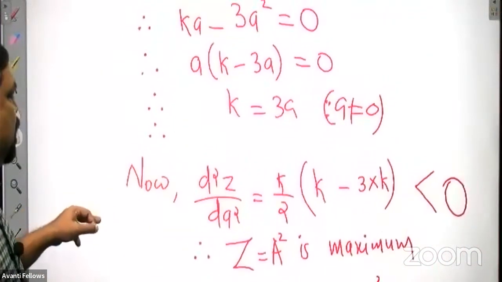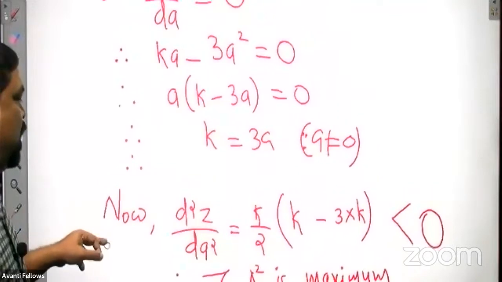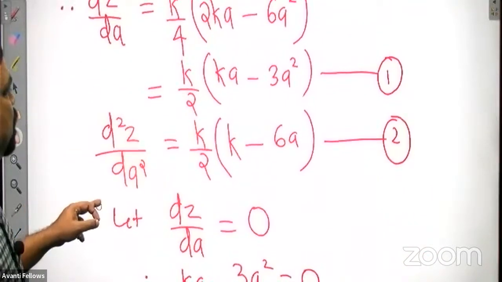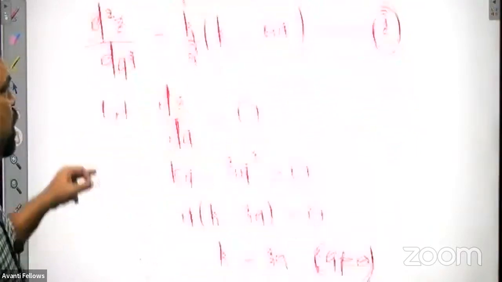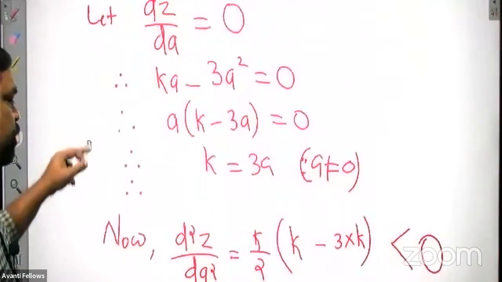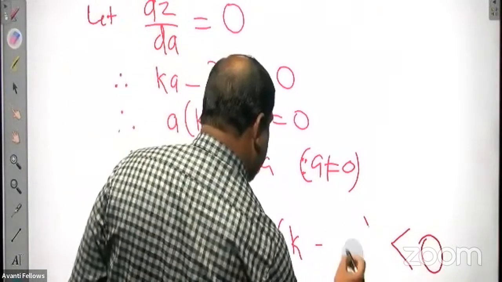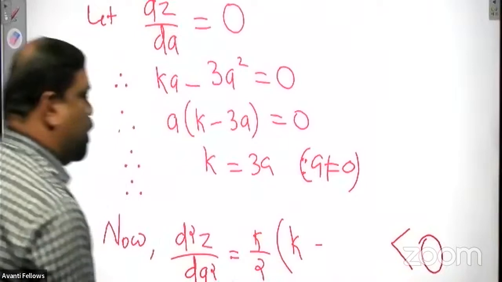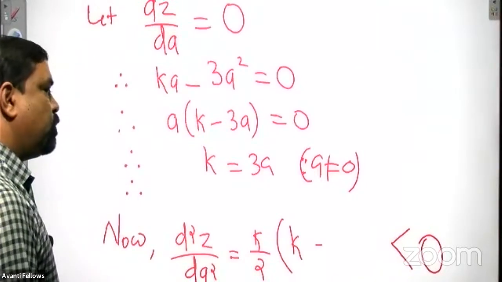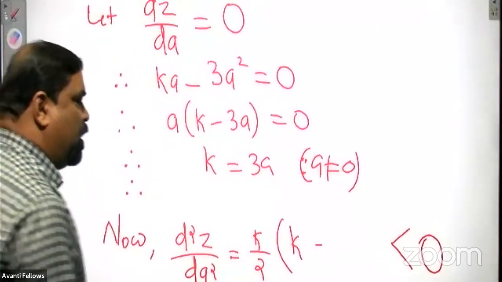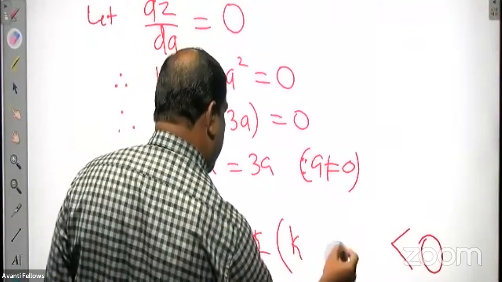Now, when k is equal to 3a, the second derivative also, I think I have changed it. So k by 2 into k minus 6a. The 6a means that is 2 into 3a, 2k.